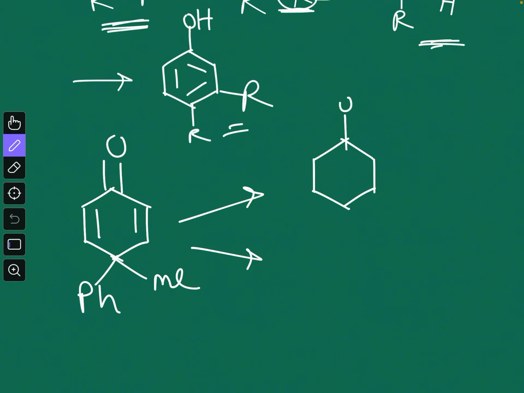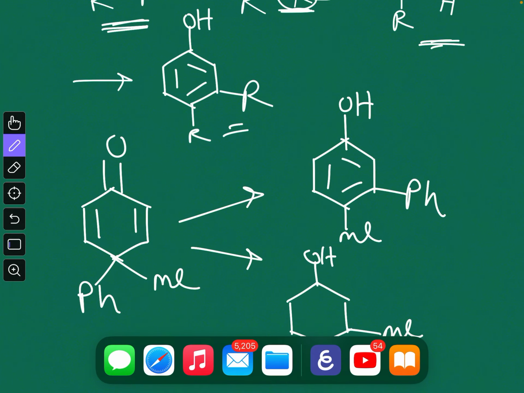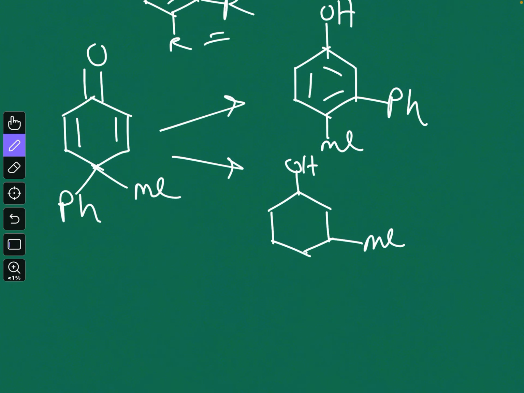Either you get a product where the phenyl group is shifted and the methyl group is in the initial position, or another product where the methyl group is shifted and the phenyl group is in its original position. So these two things can happen.